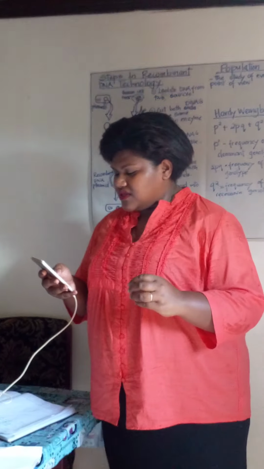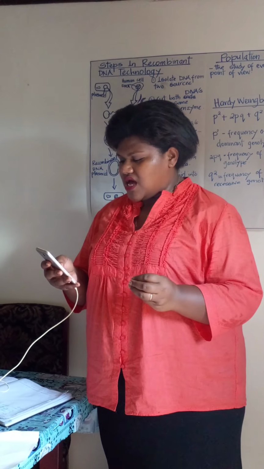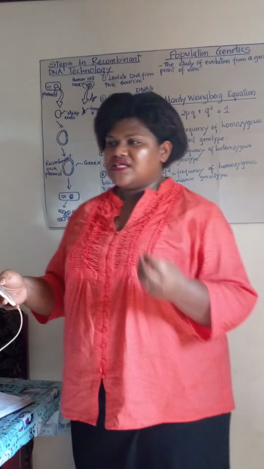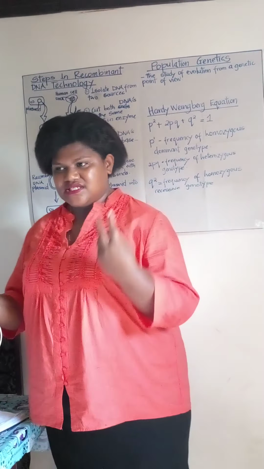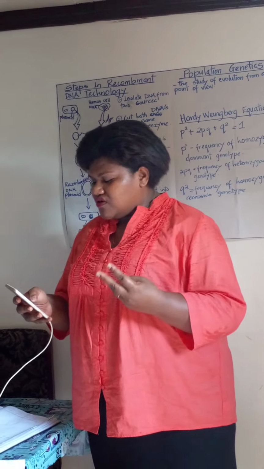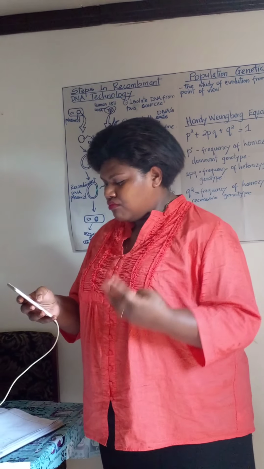Then the second step is the selection of a suitable cloning vector. A suitable cloning vector is selected in the next step of recombinant DNA technology. The third step is introduction of the DNA into the cloning vector to form the recombinant DNA molecule.